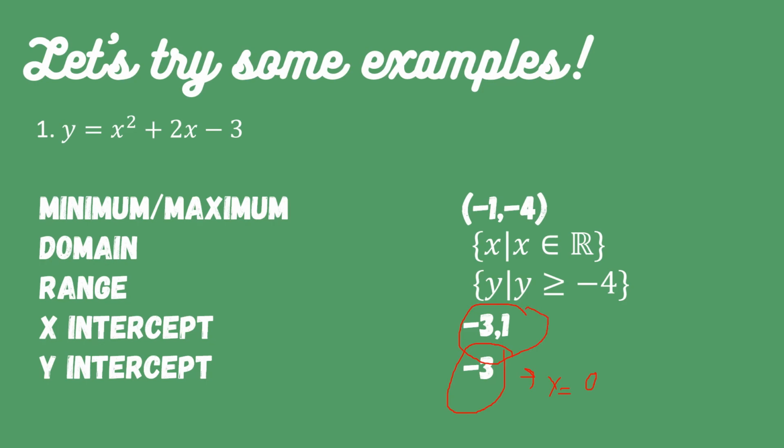Samantalang dito, when y is equal to 0, pwedeng maging -3 at pwede ring maging +1 ang sagot. So, bakit -3 at +1? Kasi twice tumama sa x-axis yung ating parabola at once lang siya tumama sa ating y-axis.